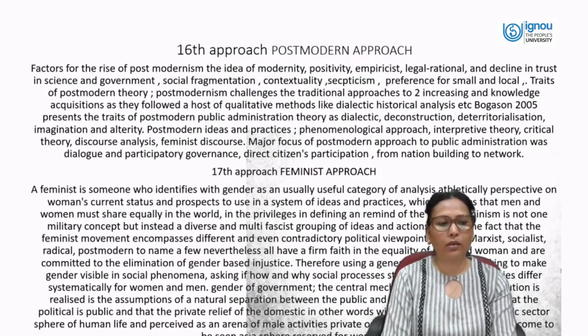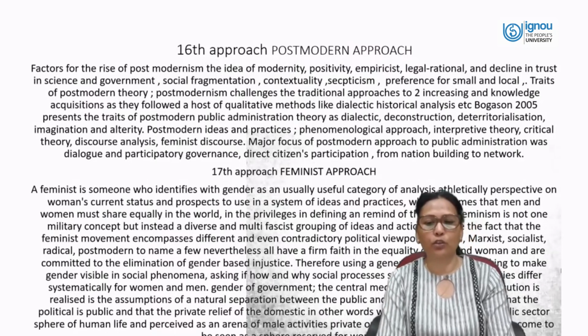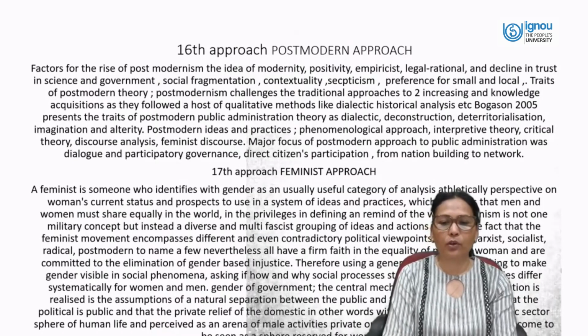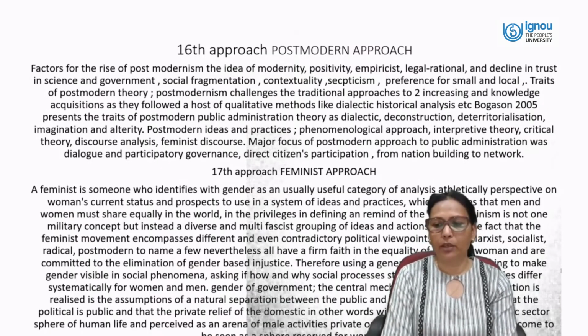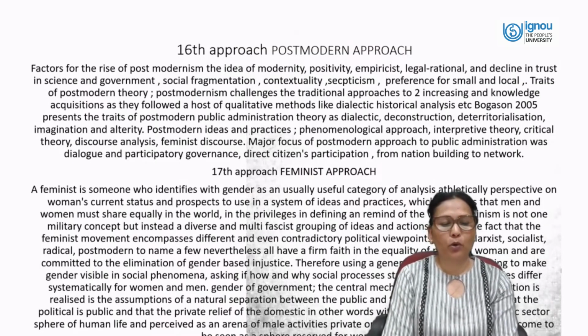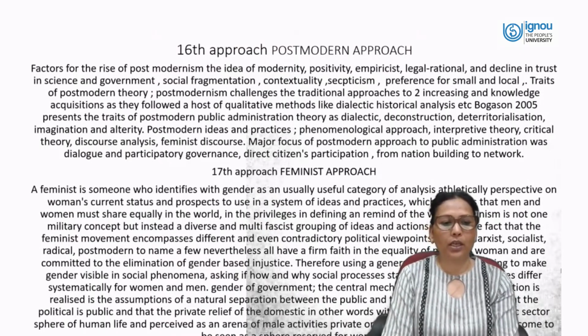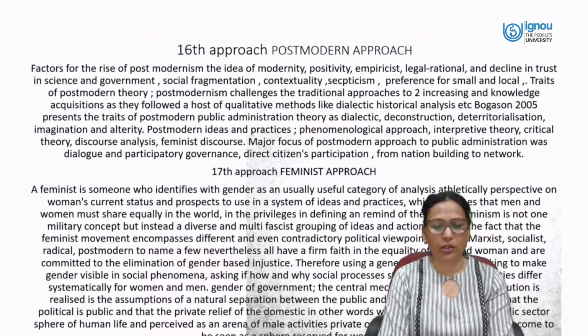Feminism is not one monolithic concept, but a diverse and multifaceted grouping of ideas and actions. Although the feminist movement comprises different and even contradictory political viewpoints like liberal, Marxist, socialist, radical, and postmodern, to name a few, all have a firm faith in the equality of men and women and are committed to the elimination of gender-based injustice.